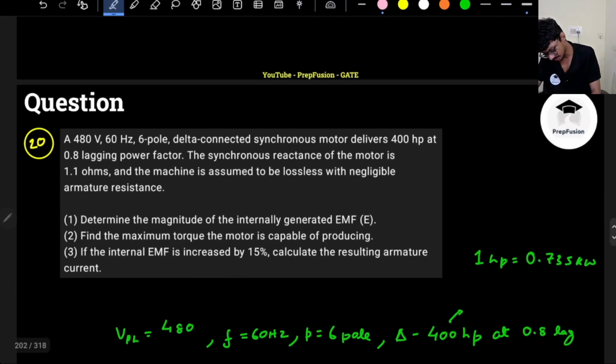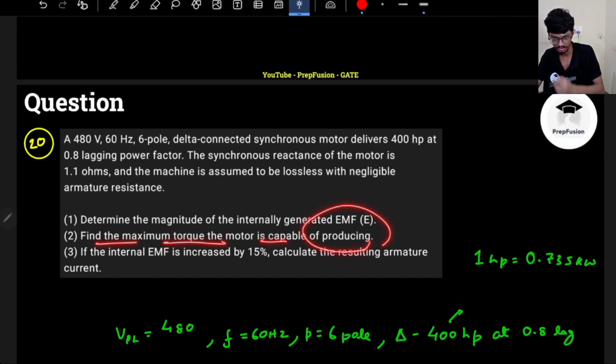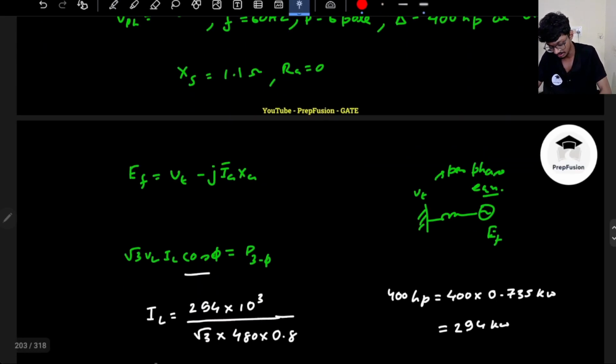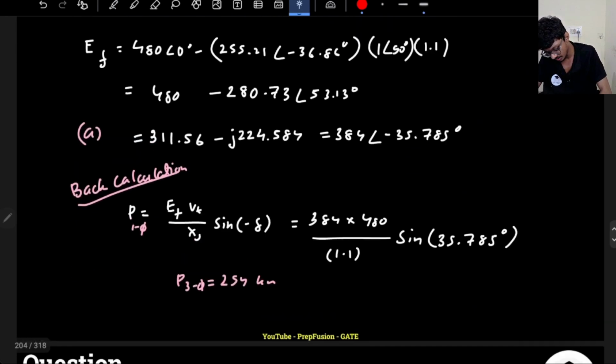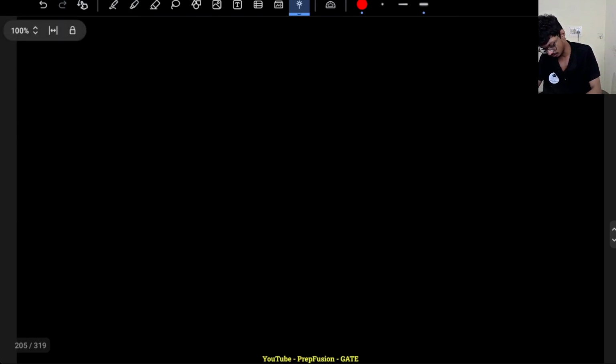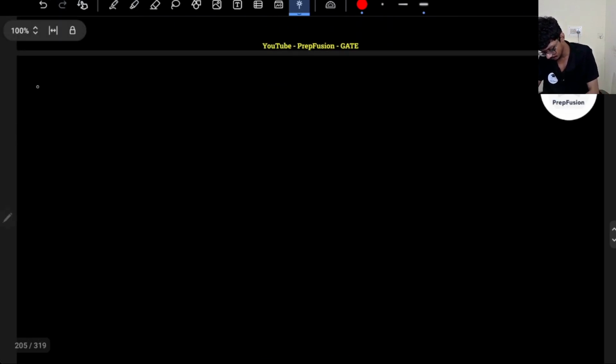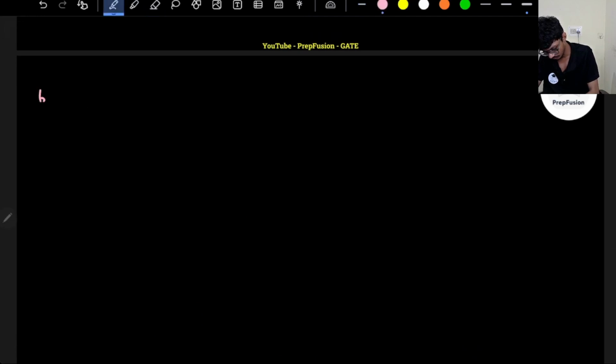The next part they are asking: find the maximum torque the motor is capable of producing. What is the maximum torque that the motor is capable of producing? So what is the formula for torque? The formula for torque is power upon speed.